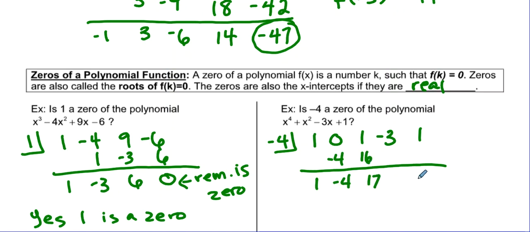Oh, it's getting harder. -40, -68. And then add. Okay, and then 284 and add. Alright, so that got super big. F of -4 is 285, so it is not a 0.